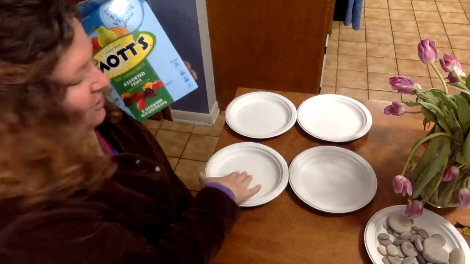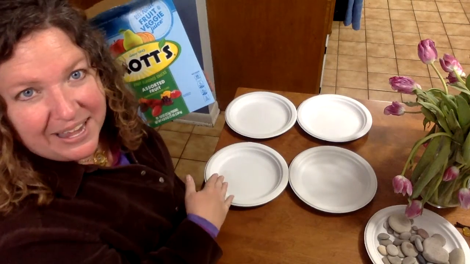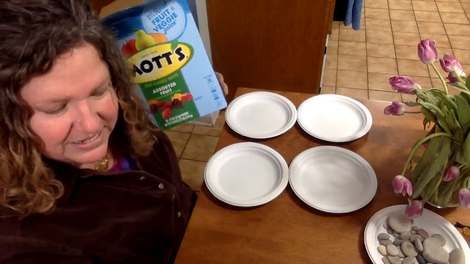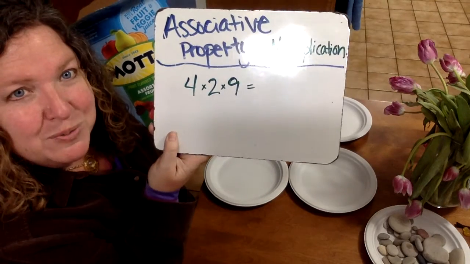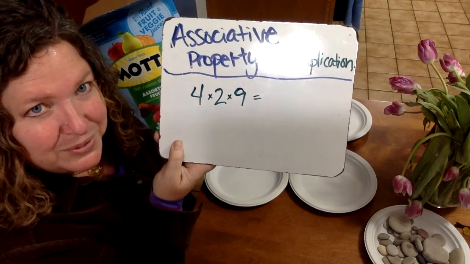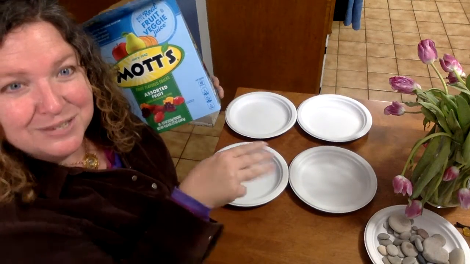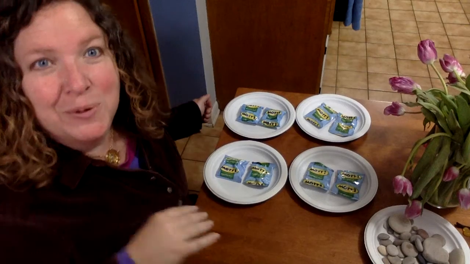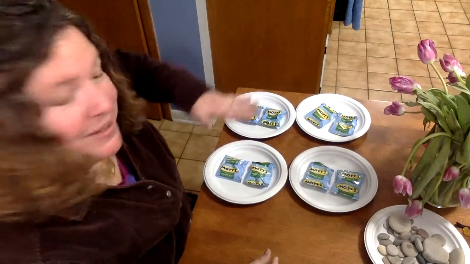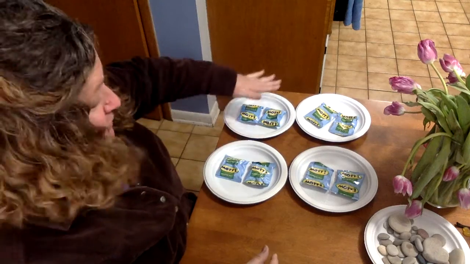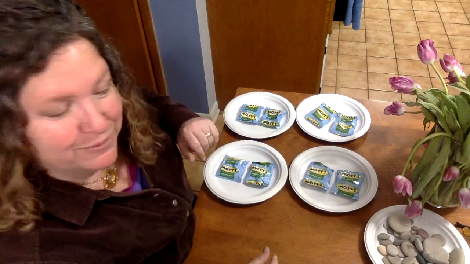So here are our individual plates that we're going to pack, and then we're each going to take 2 packs of fruit snacks. We've got 4 groups of 2. So we're each going to take 2 sets of fruit snacks. Okay, there we did. So we've all got our 4 groups of 2. There's 4 groups of us. We've each gotten 2 packs of fruit snacks.